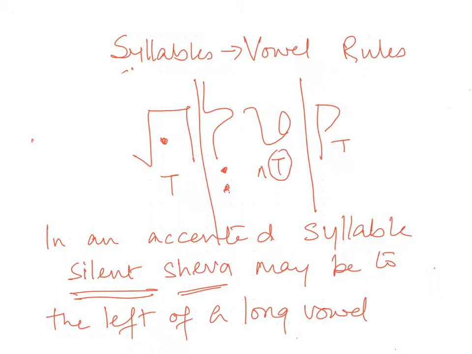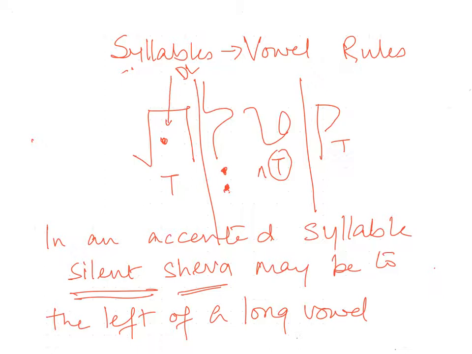That should have been how it is by the laws of Hebrew so far. But in class when I was teaching, I said, look, this is a silent sheva primarily because there is a dagesh lene there.